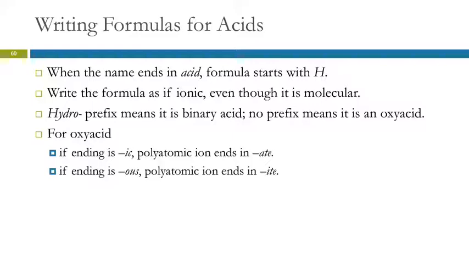When we see the hydro prefix, that means we have a binary acid. So it's just going to be hydrogen and something else, no oxygen. If there's no prefix in the name, then it's an oxyacid. For the oxyacid, we take an ic ending and change it back to ate. We take an us ending and change it back to ite.